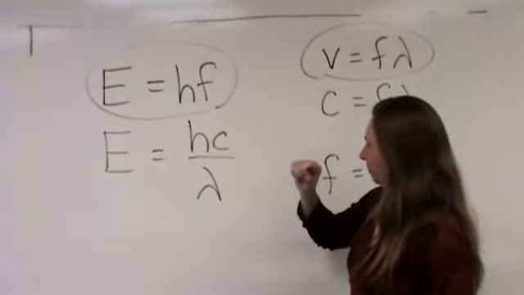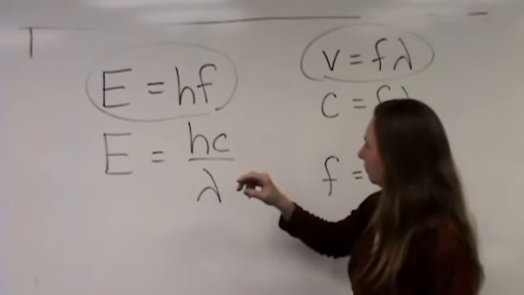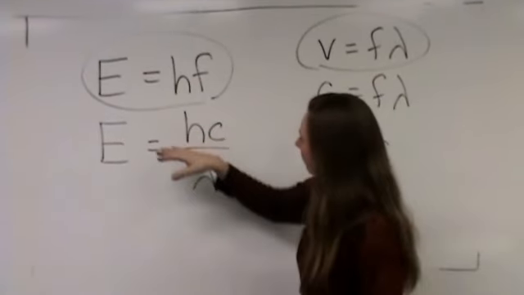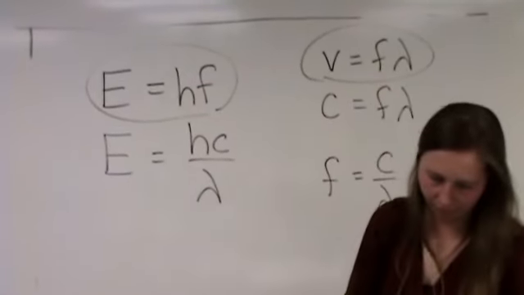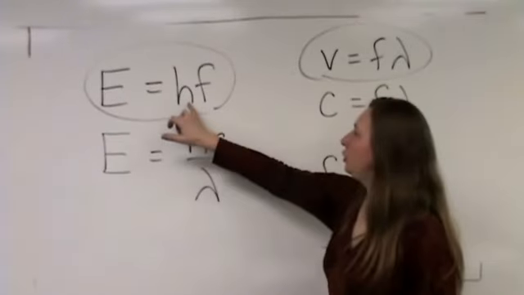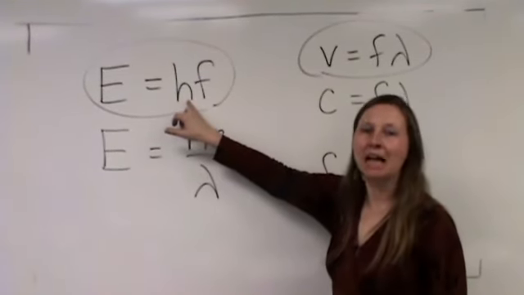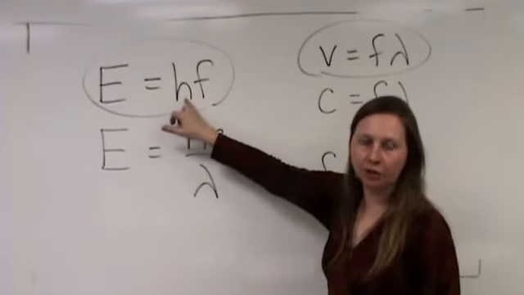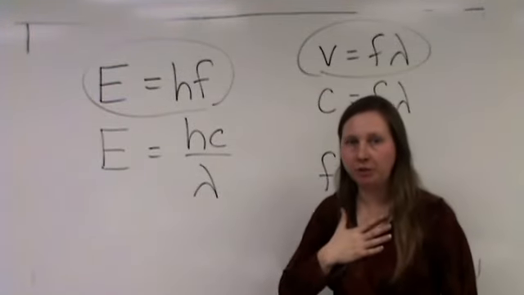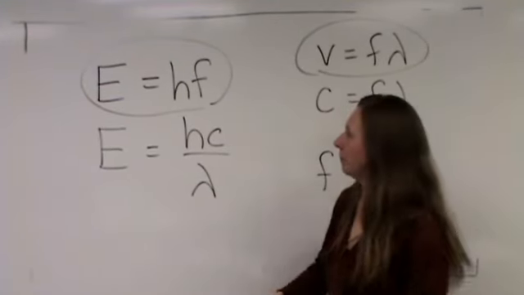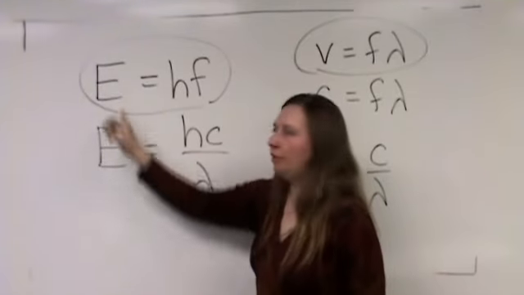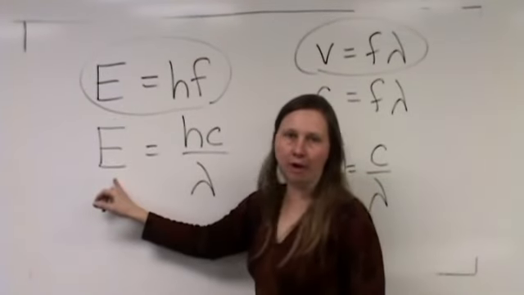Now, class, these equations, since you're using Planck's constant, h, and the unit of Planck's constant for our purposes is joule second, you cannot put electron volts or any other unit of energy into these equations.